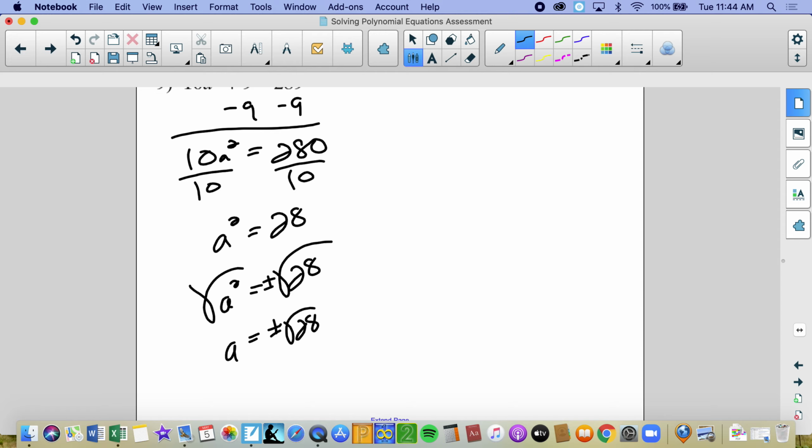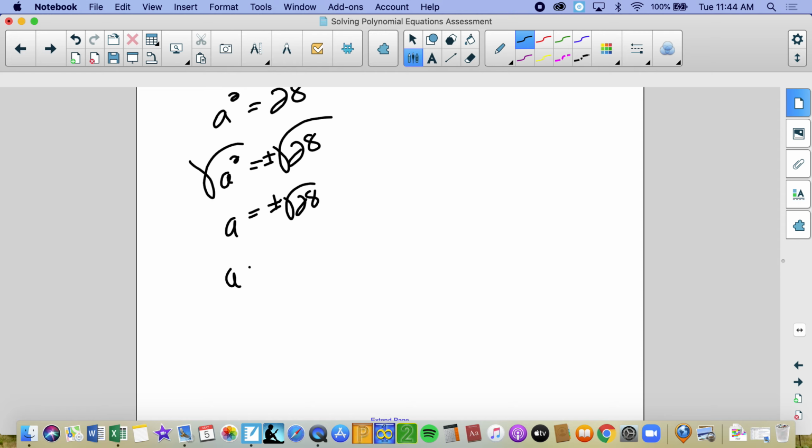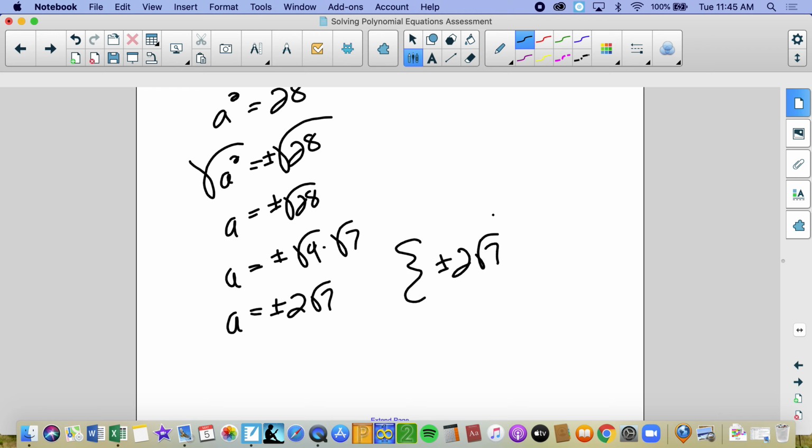You can't leave it like that. You're going to have to simplify it. Make sure you always simplify radicals. We see that there's a perfect square in 28. So we're going to get plus or minus 2 rad 7 as my answer. Whenever you have radicals, always look for factors that have a perfect square as one of their factors.